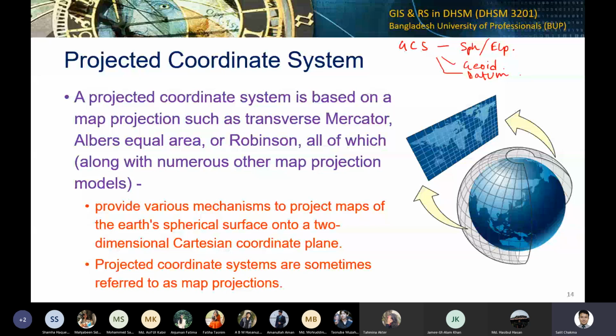These datums can be both local or regional and global. A local or regional datum matches the surface of a certain region with the geoid, and the global one tries to fit the geoid with a spherical surface.